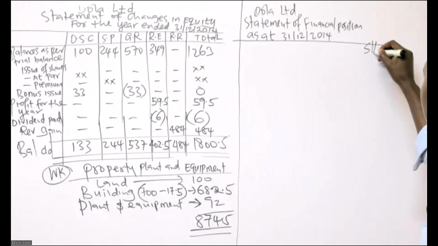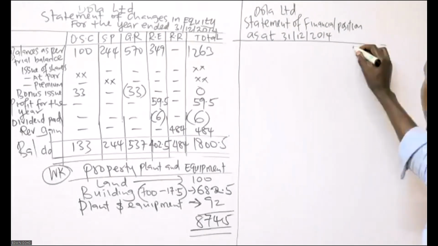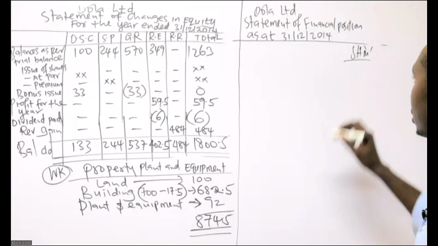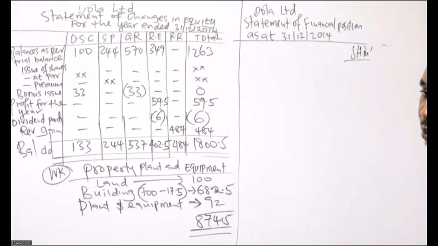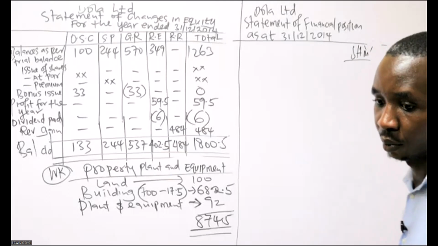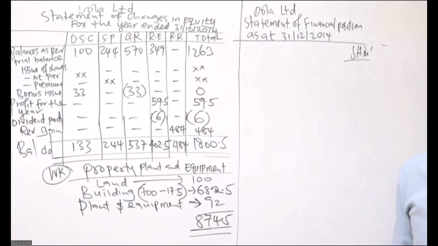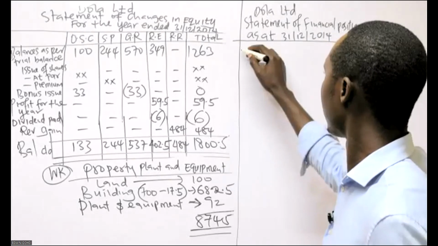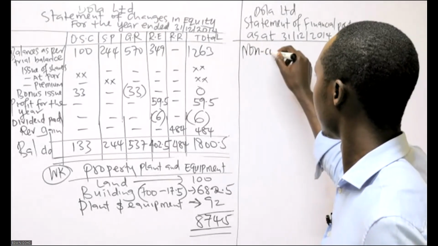So we have shillings in millions. Shillings in millions. So we start from non-current assets.